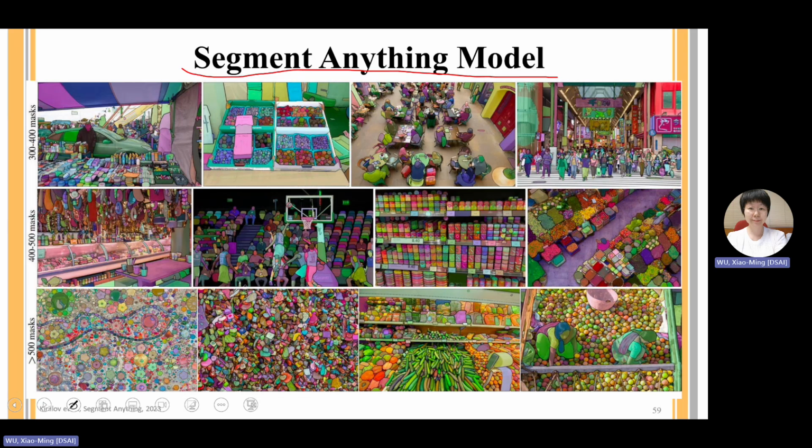This model divides the image into different regions where each region corresponds to an object. For example, this is a car. The result is very impressive.